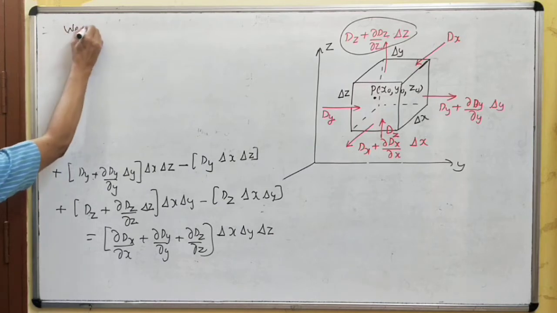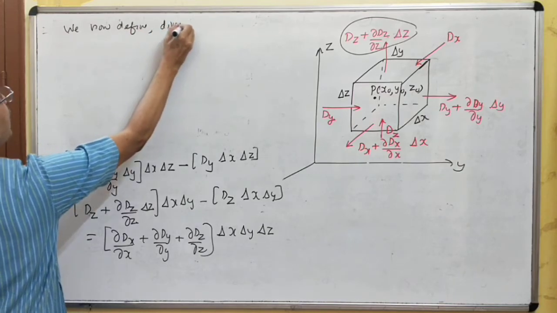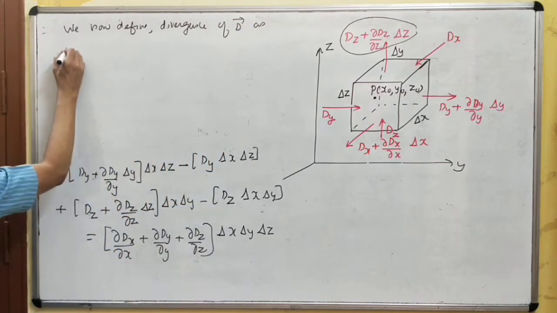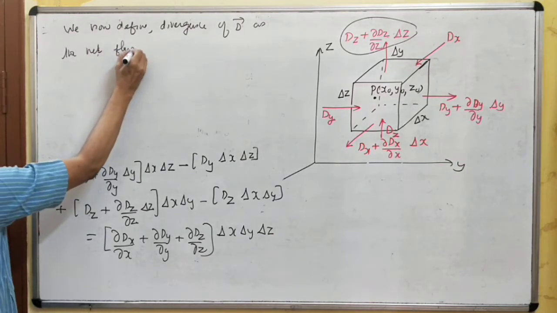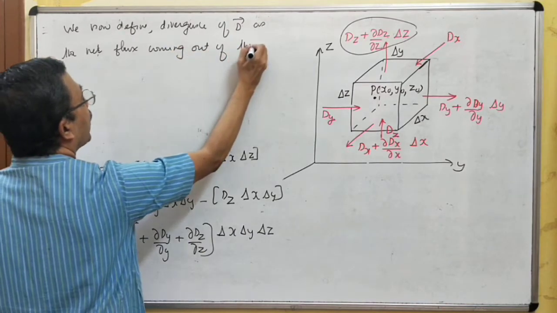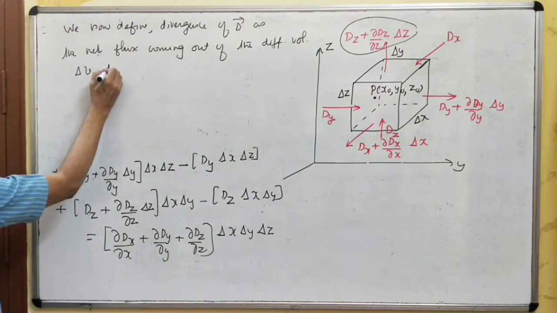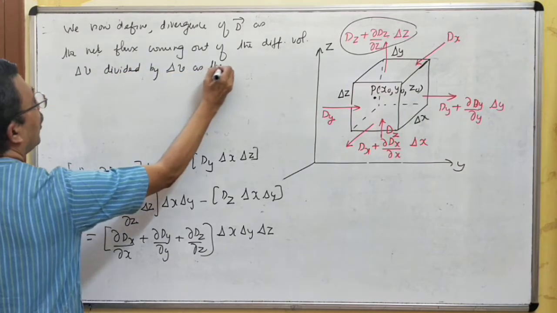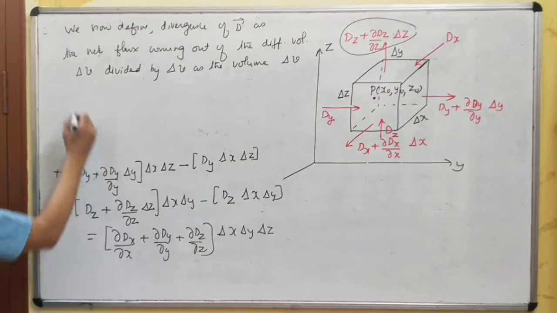We now define divergence of vector D as the net flux coming out of the differential volume delta V divided by delta V, as the volume delta V shrinks to zero.